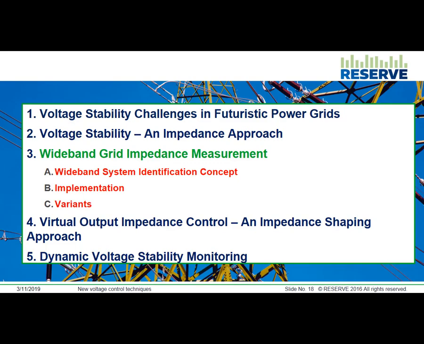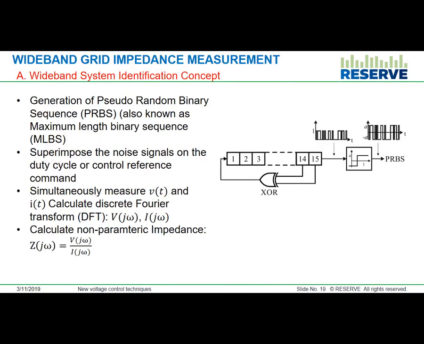So that's the extension that you saw for AC systems, and now we have the impedance measurement process. How to measure this impedance? We use a concept called wideband system identification, wherein we generate some noise signals. We use a linear feedback shift register logic to generate noise.